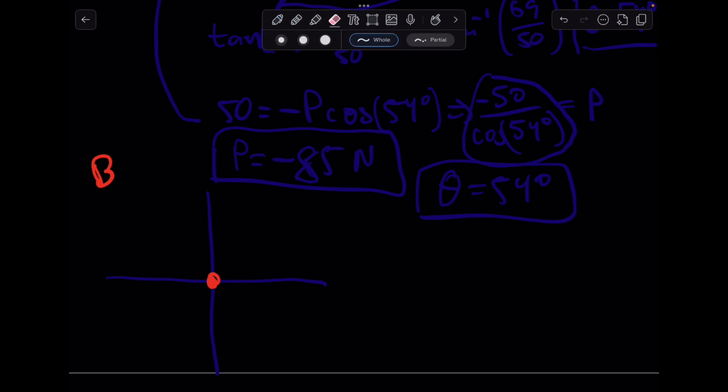We know this is 45 degrees, right across the middle. So 54 degrees will put us somewhere here.